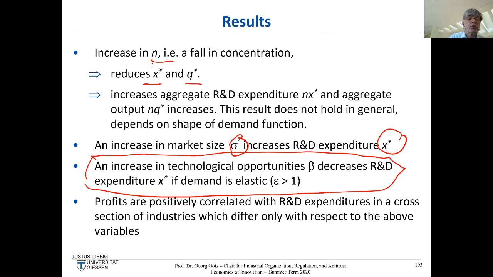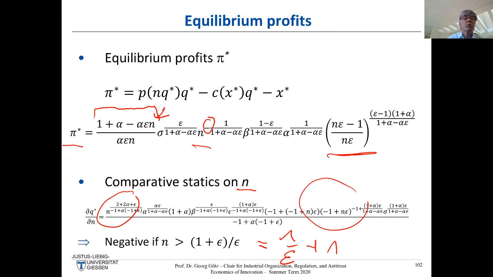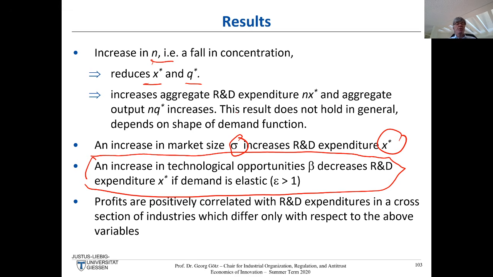Actually, I could also, of course, show it to you. So here, hopefully, you have the sigma. If you have a larger sigma, you will also have a higher profit. So if you compare two industries, where both industries are really identical apart from this market size, then the industry with the larger size will have both higher R&D expenditures and higher profits.